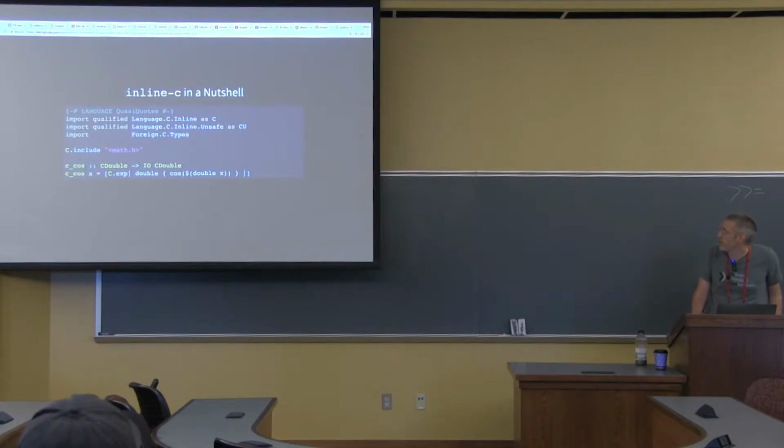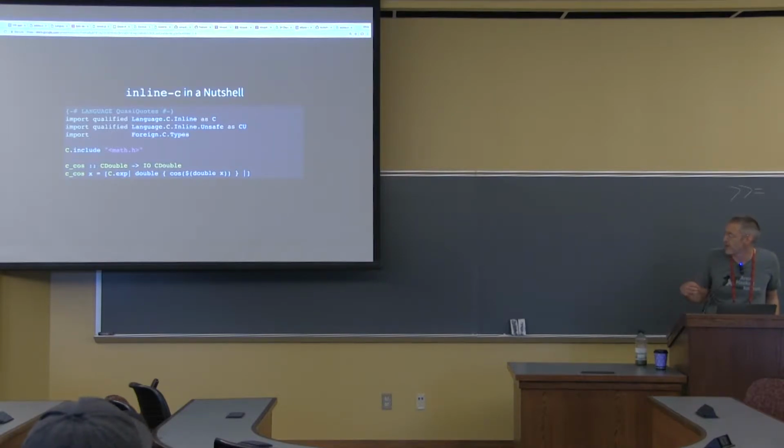So here's a typical example using an expression quasi-quoter. This is just making a cosine function, and it's expecting a C expression because it's an exp quasi-quoter. One thing that this is doing that you might not expect is injecting a Haskell value into the C function.